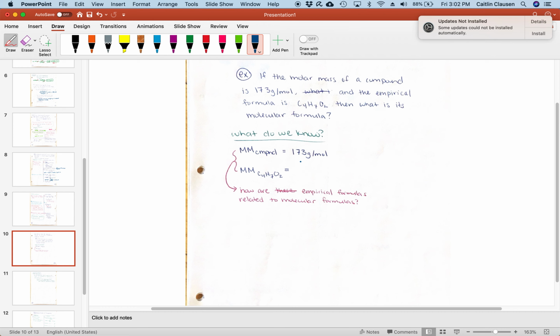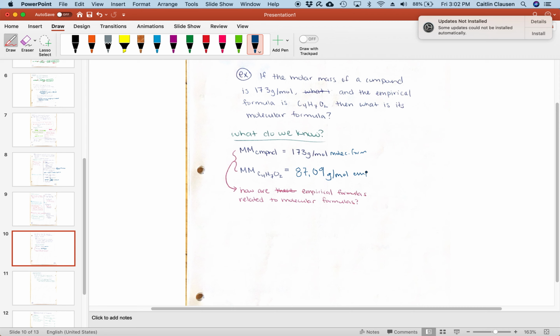We can calculate it, and I get 87.09 grams per mole. So this is molecular formula.